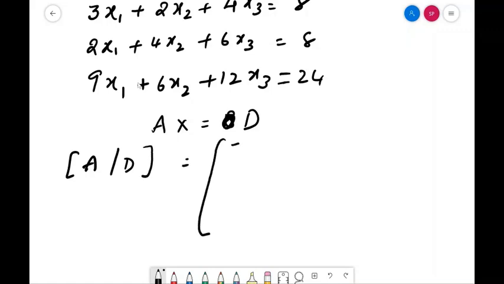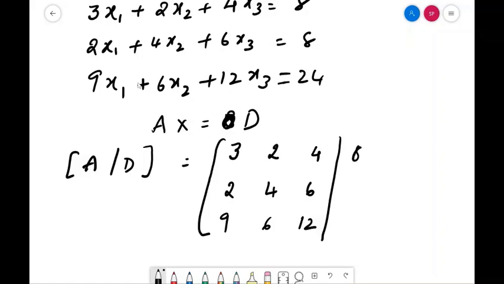It is nothing but taking the coefficients of x1, x2, x3, the variables in this system. First row coefficients 3, 2, 4, second row coefficients 2, 4, 6, third row coefficients 9, 6, 12, and D is nothing but the right hand side values of the system of equations: 8, 8, 24.